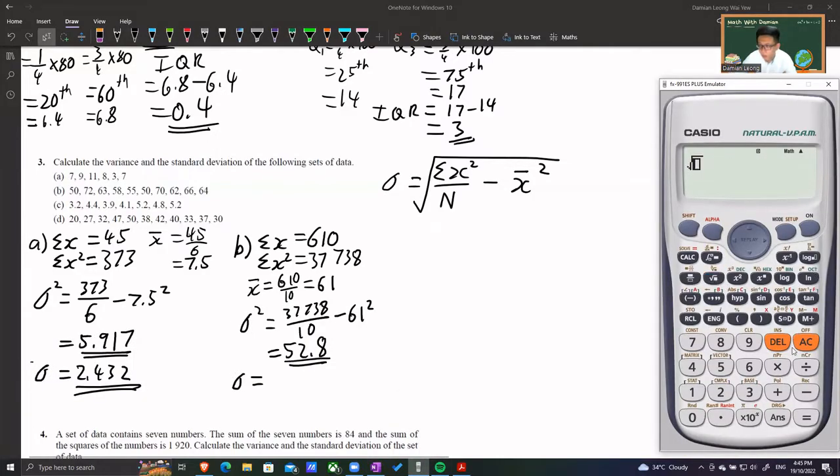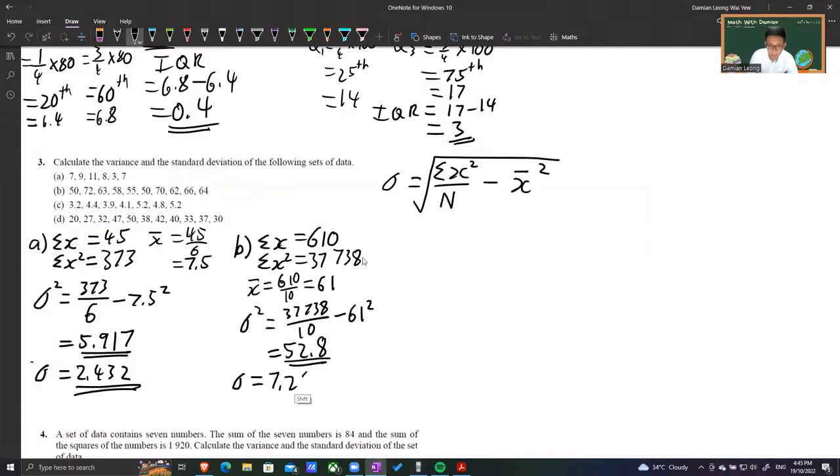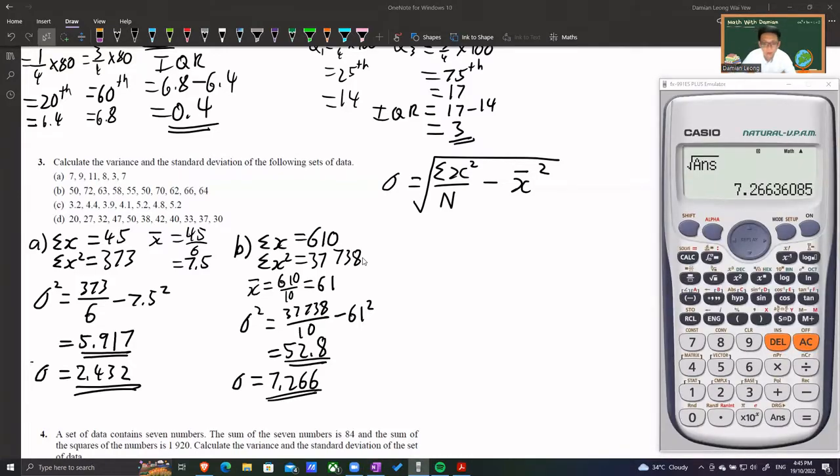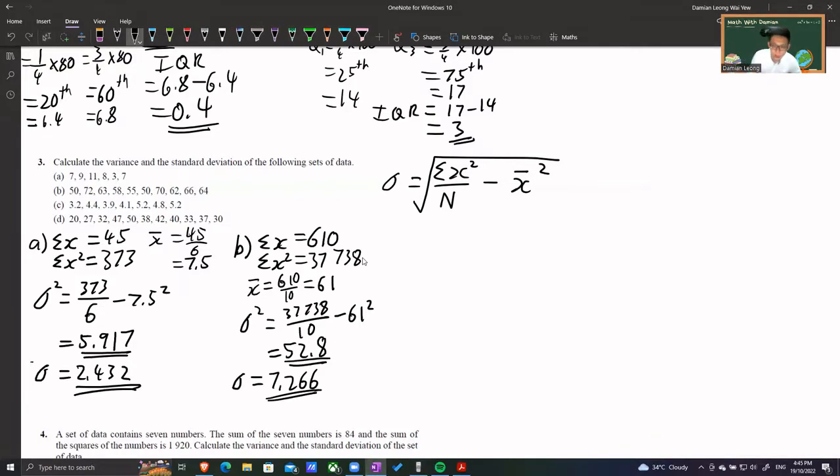Yeah, 52.8. I square root the 52.8 and I'll get 7.266. Okay, that is the variance and standard deviation for B.